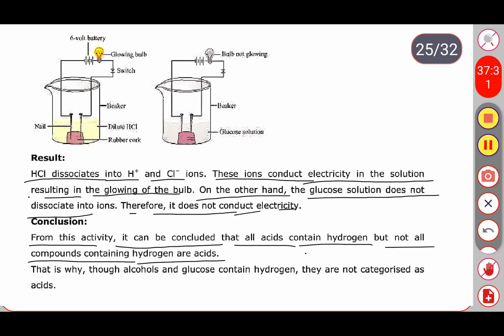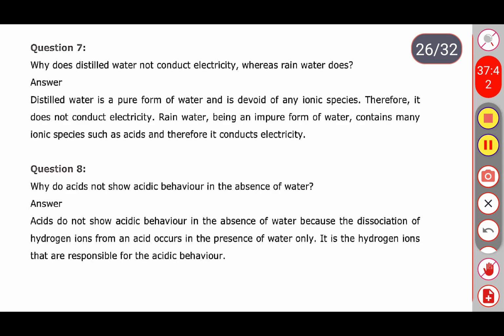Okay, see the next question, why does distilled water not conduct electricity whereas rainwater does? And the answer is, distilled water is a pure form of water and is devoid of any ionic species, therefore it does not conduct electricity.